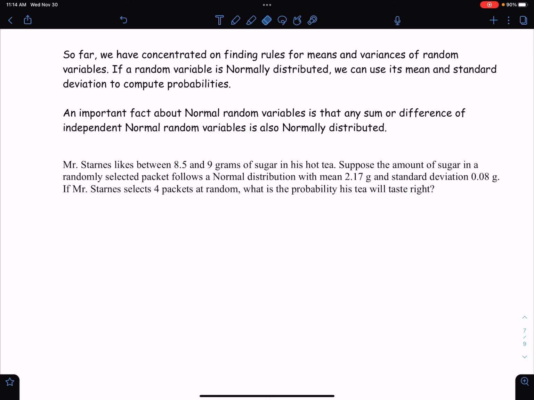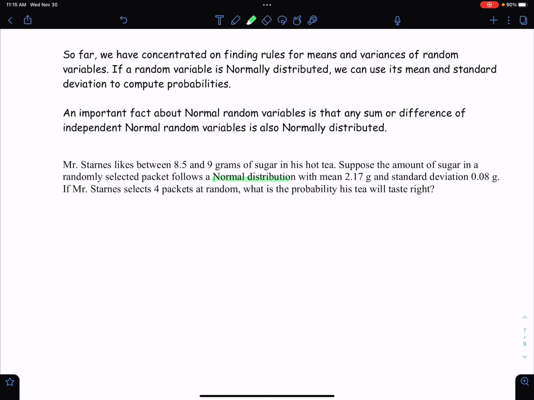So Mr. Sarnes likes between 8.5 and 9 grams of sugar in his hot tea. Very specific, Mr. Sarnes. Suppose the amount of sugar in a randomly selected packet follows a normal distribution. Glad to hear it. With a mean of 2.17 and standard deviation of 0.08.